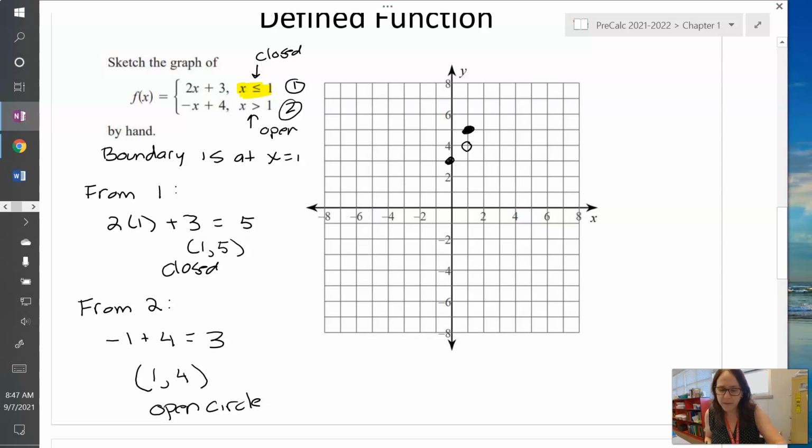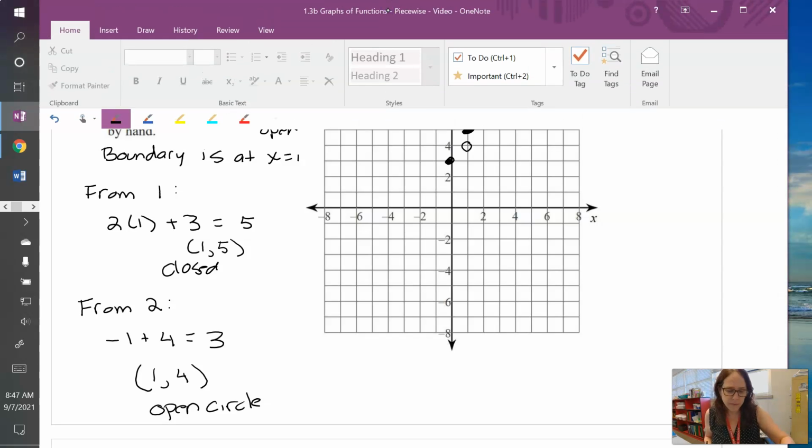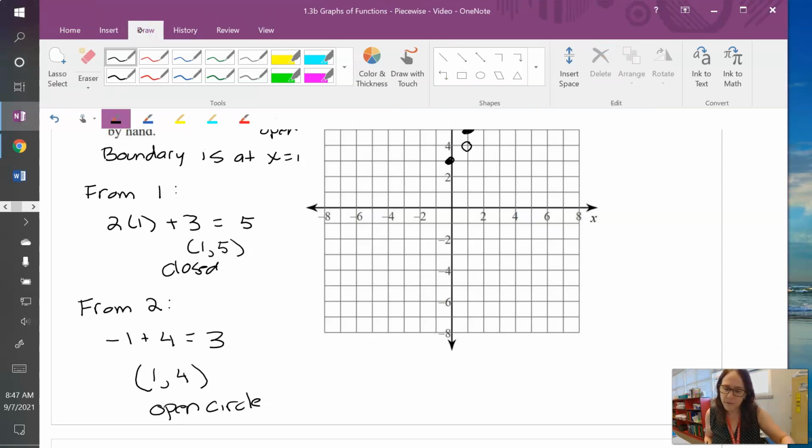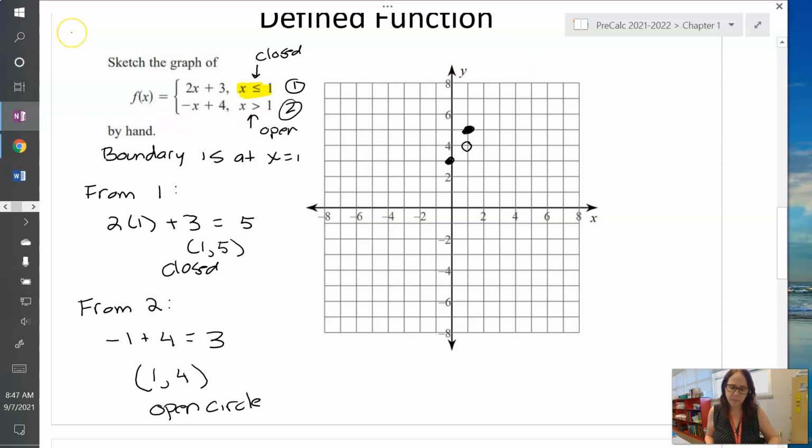There's my other piece. I don't seem to have a ruler on mine here, so I'm giving myself a bunch of points, down 2, over 1, down 2, over 1, just to make it easier to sketch. So that's the first graph.